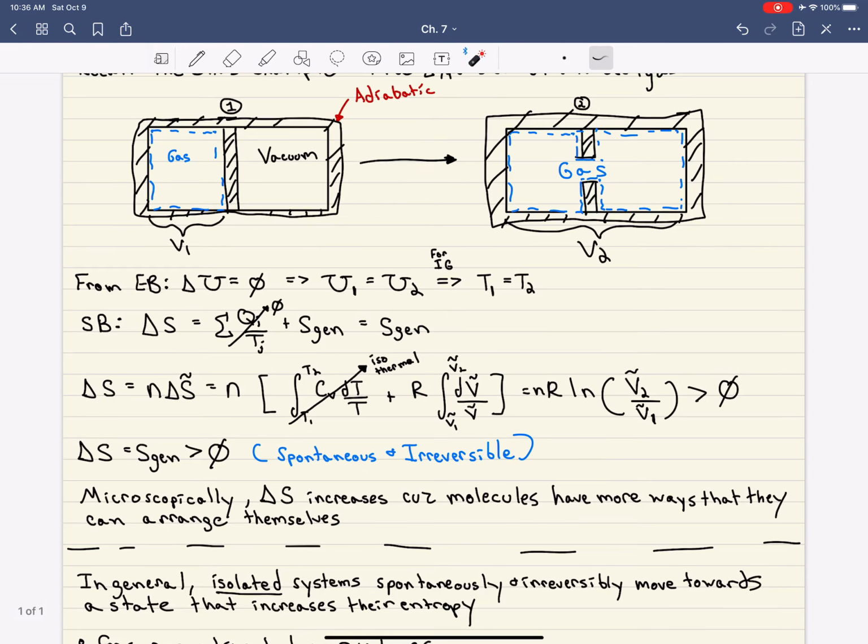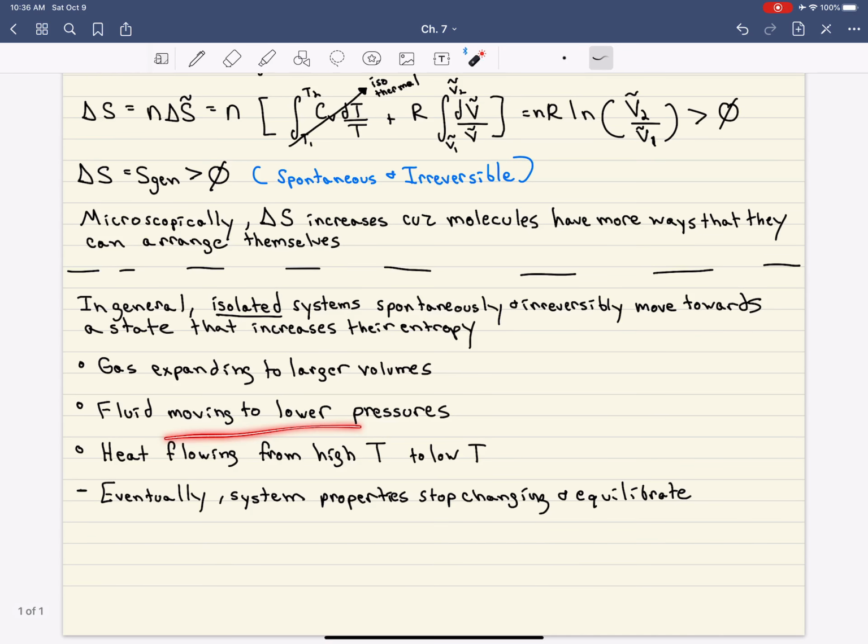With a free expansion, eventually the gas moves and fills up the entire vessel, right? And once it does that, then that's it. The gas can't expand anymore. Or, with the example of heat flow, heat will flow from the hot side to the cold side until both sides are the same temperature, right? And then at that point, heat will stop flowing.